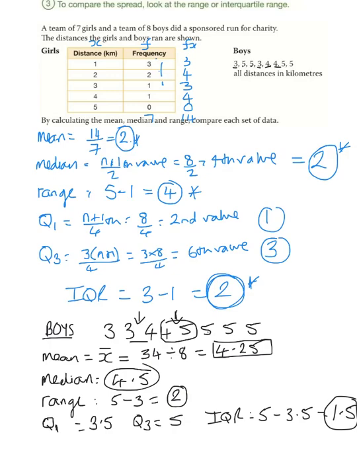So the girls is different, slightly more spread out. And if you look at the range, actually, the interquartile ranges are quite close, but the range for the girls is 4 and the range for the boys is 2. So the girls is more varied.